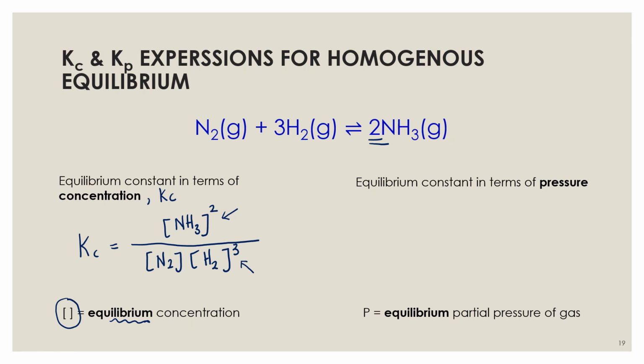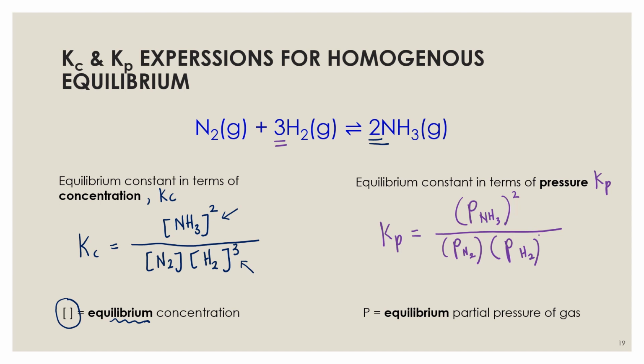And in order to write the equilibrium constant in terms of pressure, that is Kp, Kp equals the partial pressure of the product, which is ammonia, raised to some power according to the stoichiometric ratio, divided by the partial pressure of nitrogen gas times the partial pressure of hydrogen gas. So don't forget here we have 3, so that 3 will be raised as a power.